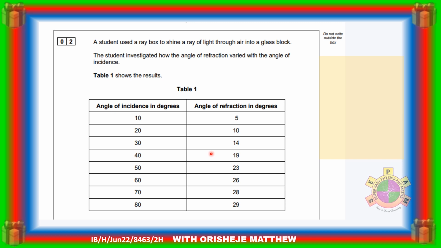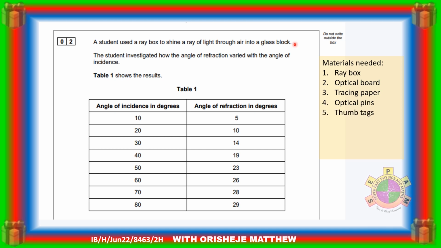So the first thing we are going to do, if you are going to carry out this experiment to measure the angle of refraction in order to determine the refractive index of the glass block, what are the materials you need for this experiment? So you need the ray box, the optical board, then tracing paper, the optical pin to track the ray.